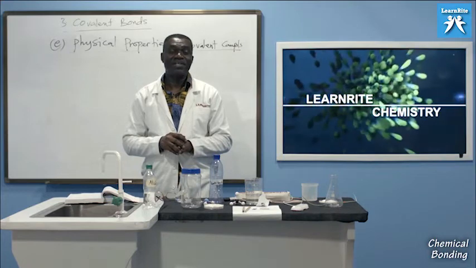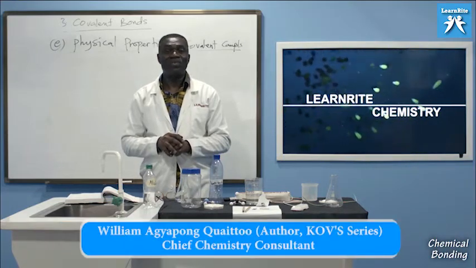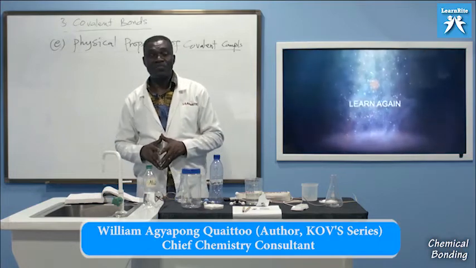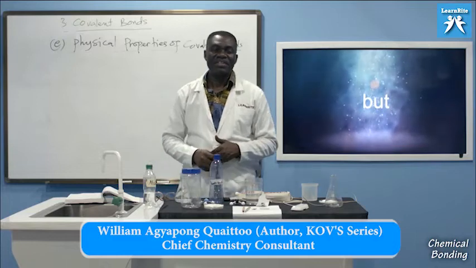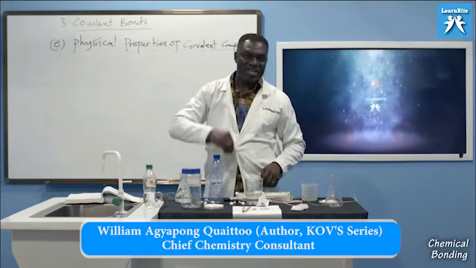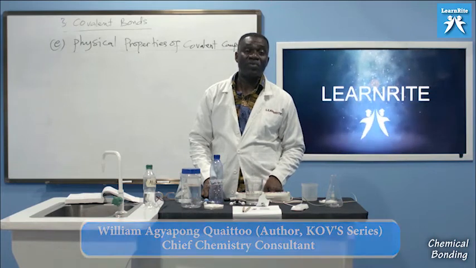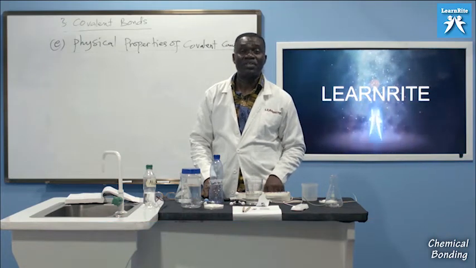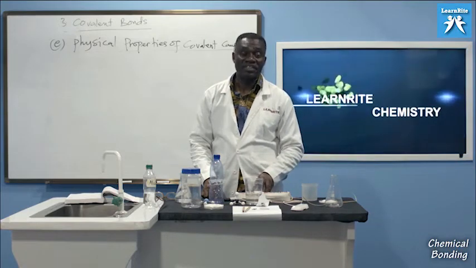Don't stay away. We are left with about 3, 4 or more videos to complete covalent bonding before we go on to the next major topic, hybridization. That is a further explanation of the nature and structure of all the covalent compounds that we have seen or that we can see in nature.